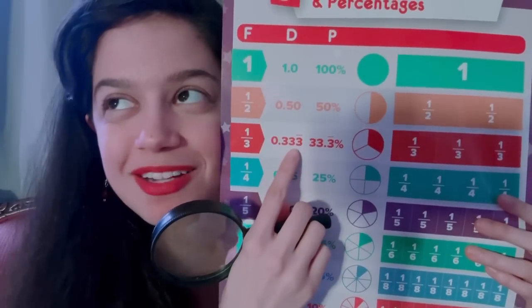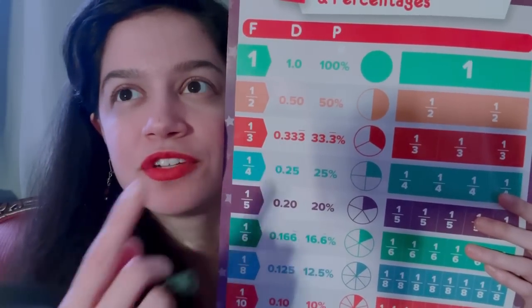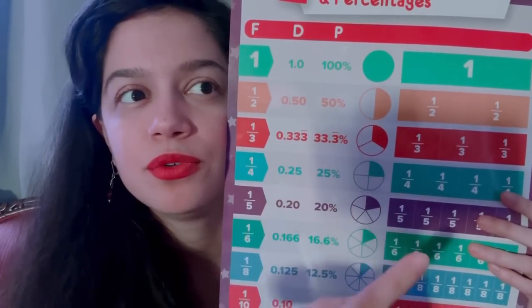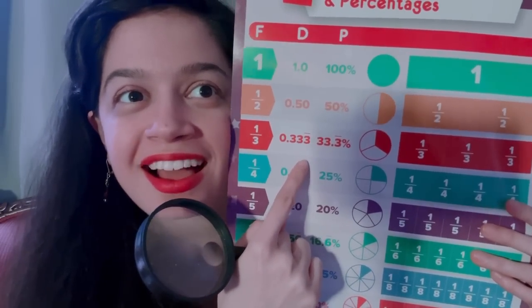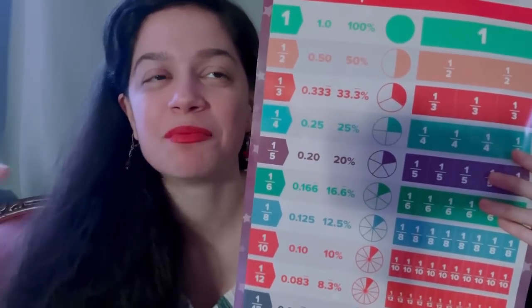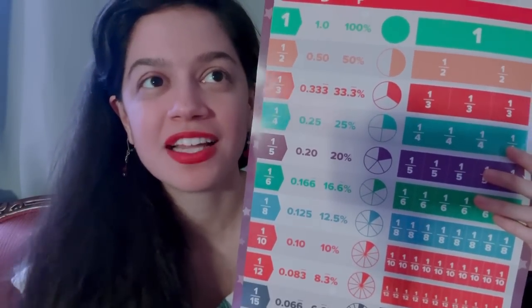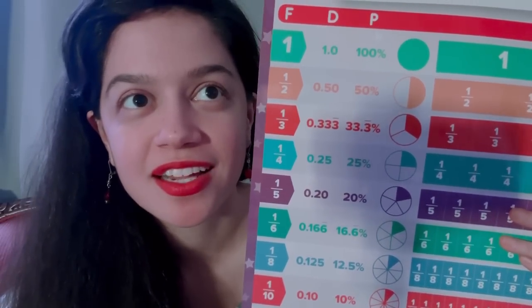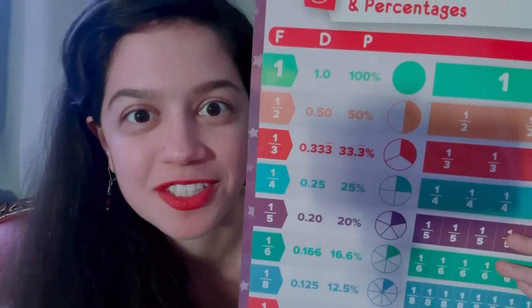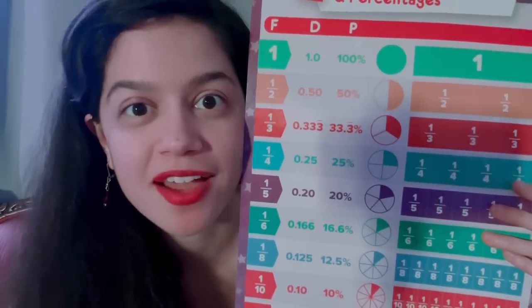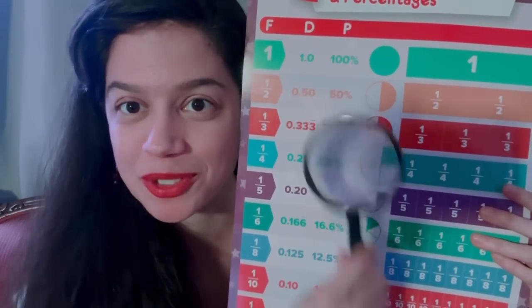If you multiply this number by 10 and then divide that number that you get by 100, you could get this. Or you could keep things simple and just multiply 0.33 by 100 or 0.333 by 100, and then you'll easily get this number too.